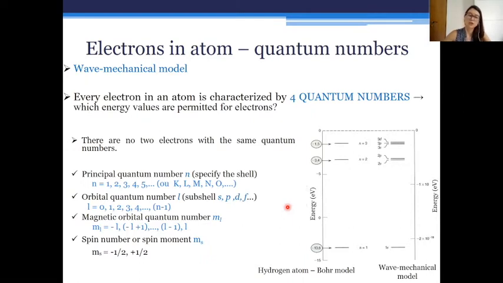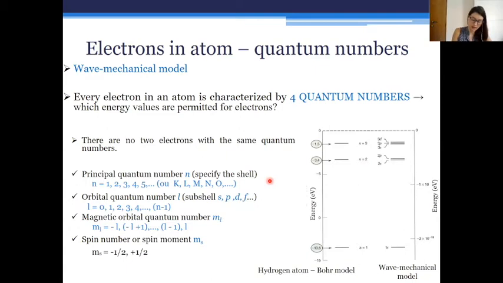So the first quantum number, which we call the principal quantum number, n, specifies a shell where we will find our electron. Maybe you remember this notation, n, which was introduced when we presented the Bohr model: n equal 1, n equal 2, n equal 3, that corresponded to the orbital.